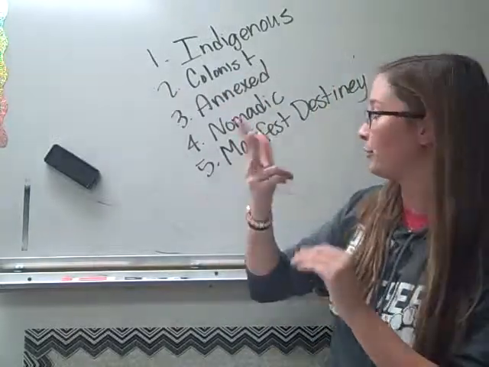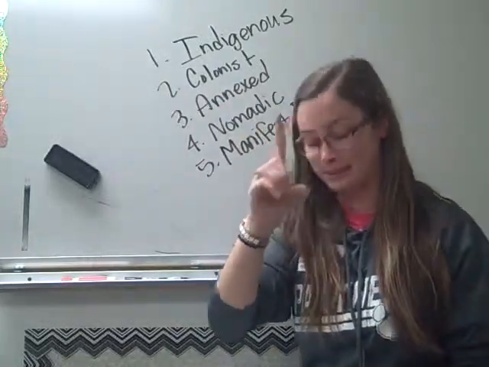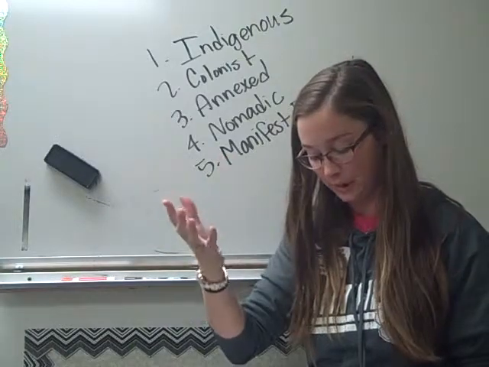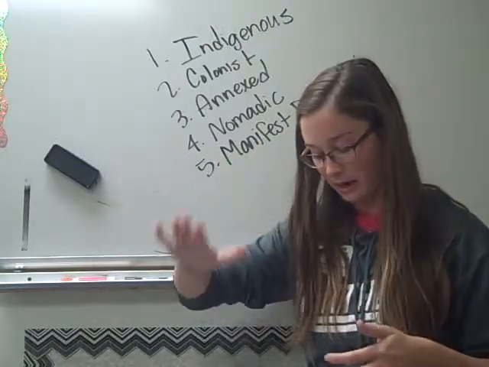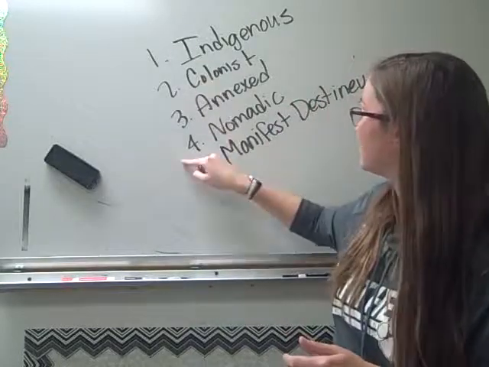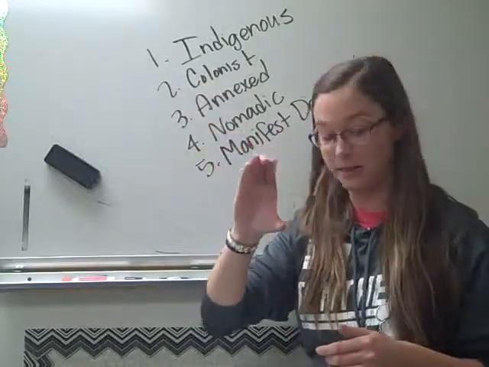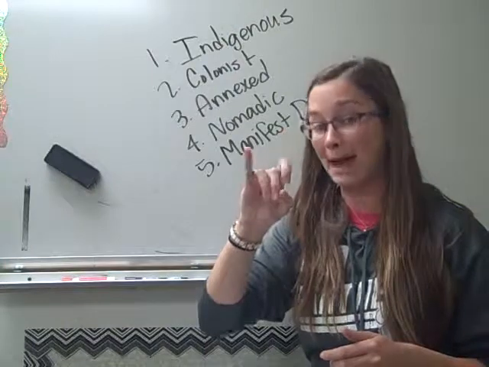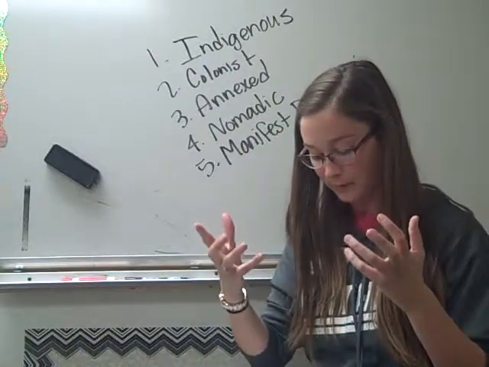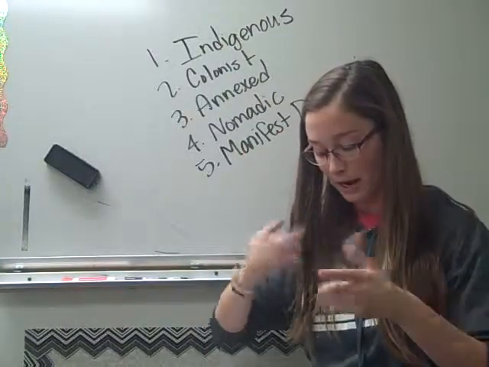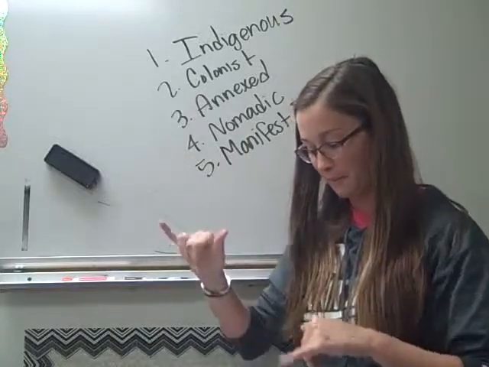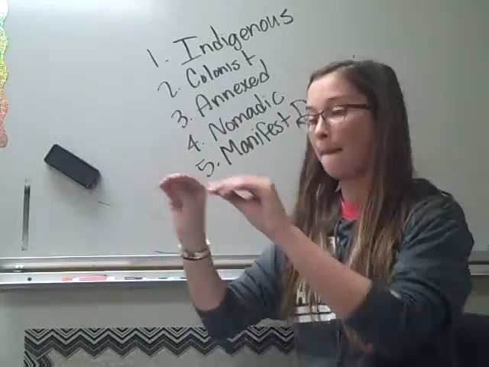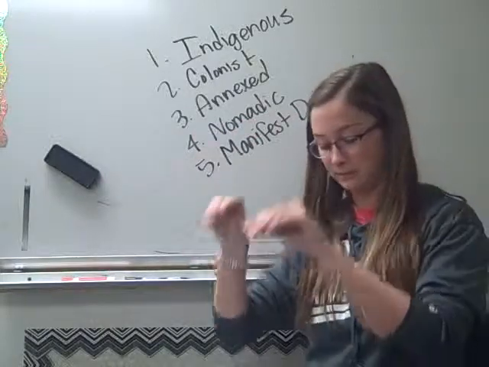The next one, number 3, annexed, is what? To declare ownership of an area. The next one, nomadic. Nomadic is what? A way of life in which a person or group lives by moving from place to place.